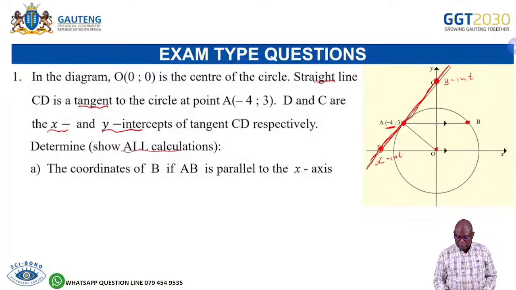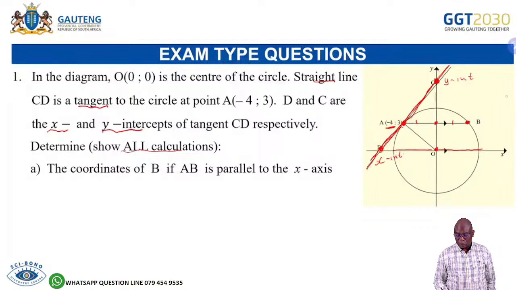Now, this point here will be the midpoint of that line AB, because it should be equidistant. This part here and that part are the same, but these ones are radii and those ones are not.